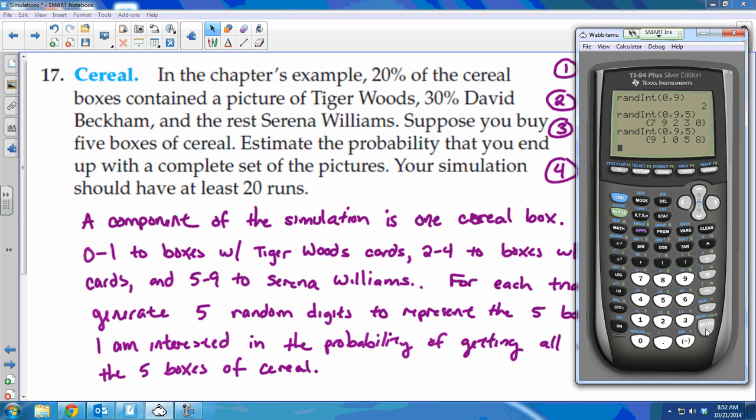Now, I put a caution at the bottom of your page. All right? Let's say I want a list of 10 numbers. So I want to do 0 through 9, but I want 10 numbers. They're going to go off your page.